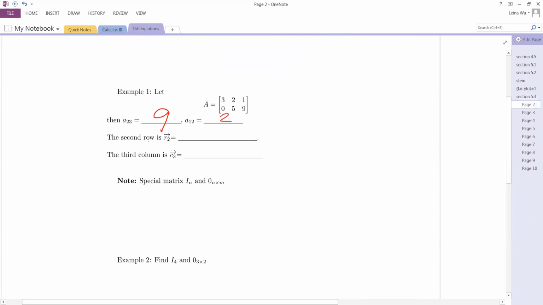We can take out one row, a row vector. Row 2, R2, will just be 0, 5, 9. You also do a column vector. C3 is the third column, so it'll be just 1, 9. Very self-evident, pretty easy.